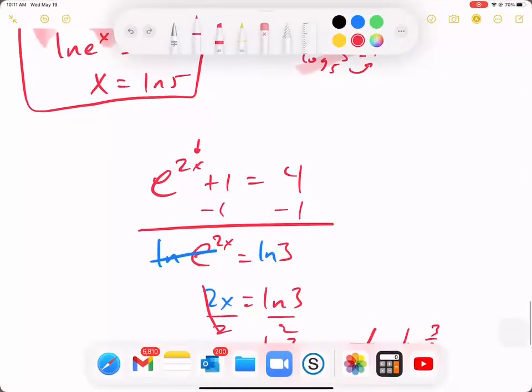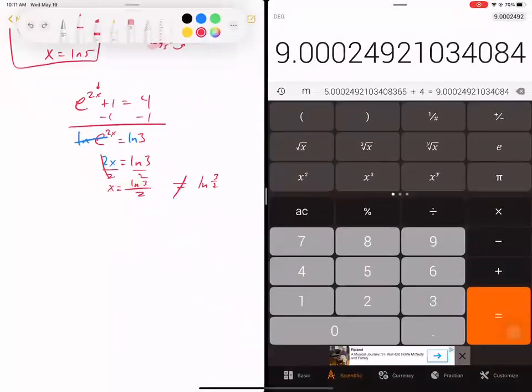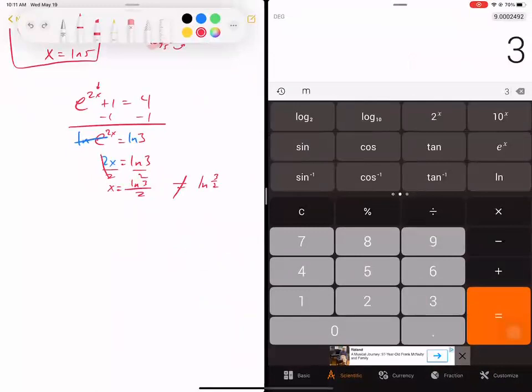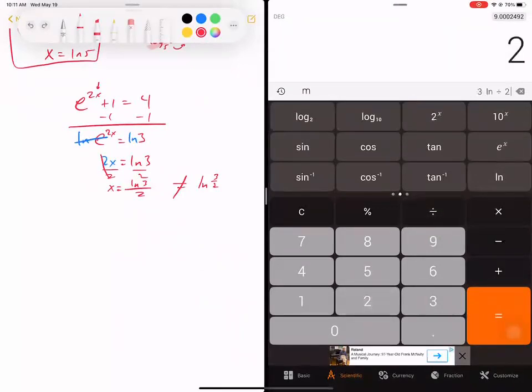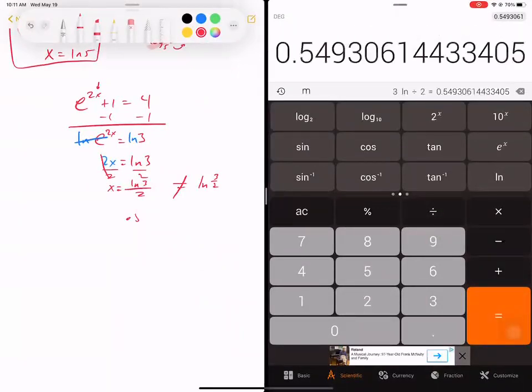Let me show you guys on the calculator. Just make sure that those numbers are not the same. If I say 3, natural log, then divide that number by 2, we get the answer of 0.5493.